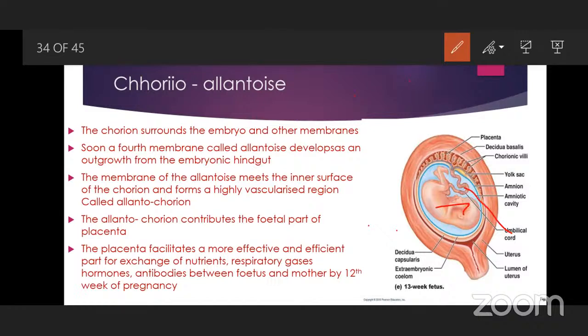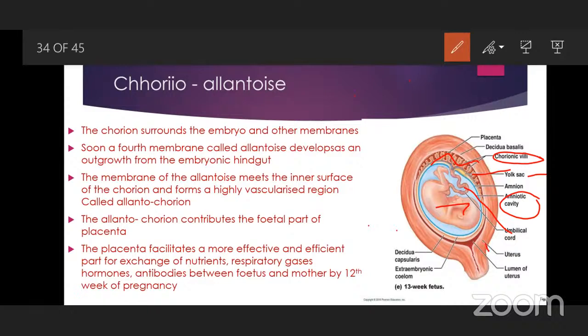The embryo is placed in the amniotic cavity, which is formed from the amnioblast cells of the epiblast, and this amniotic cavity will protect the embryo from desiccation and mechanical shock. Then this is the yolk sac, and these are the chorionic villi, which will be helpful in transporting substances or exchange of gases. And this is the uterus part.